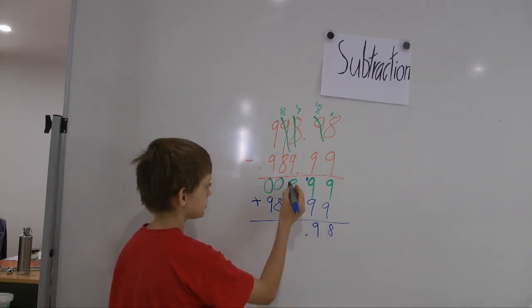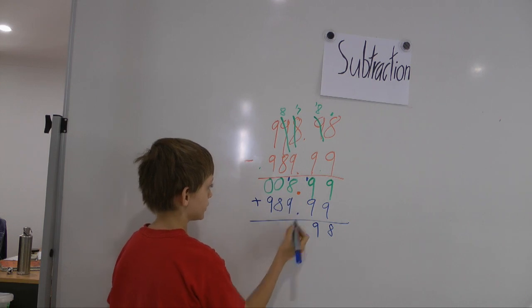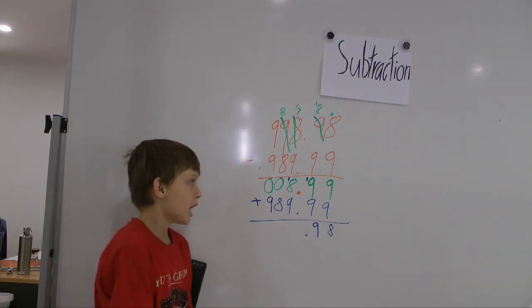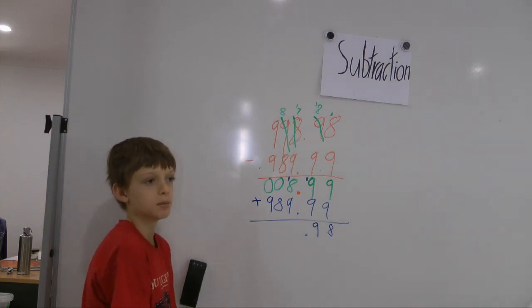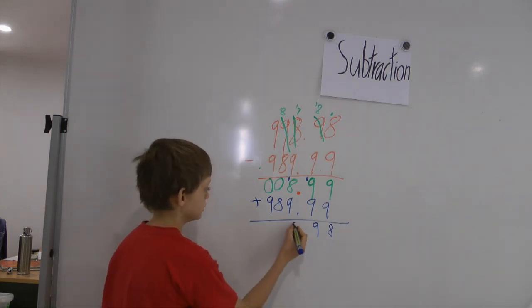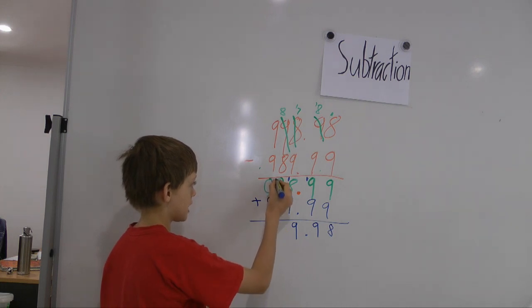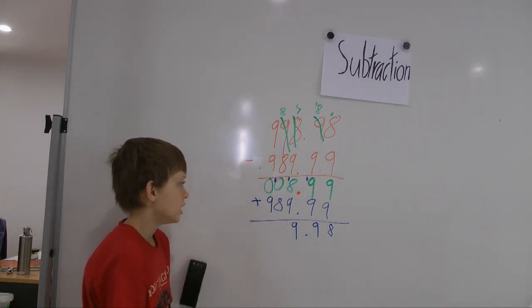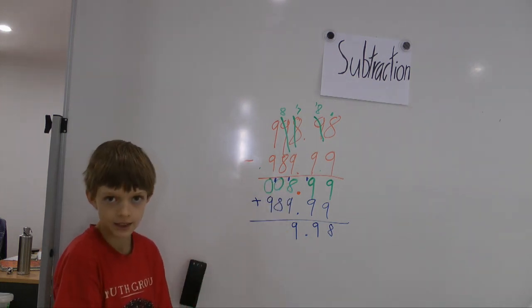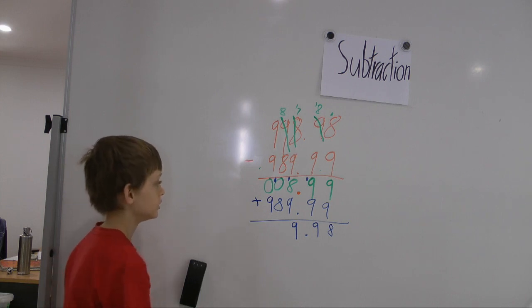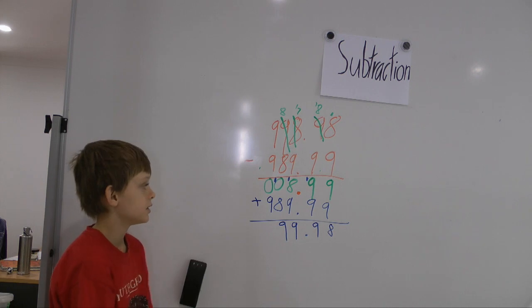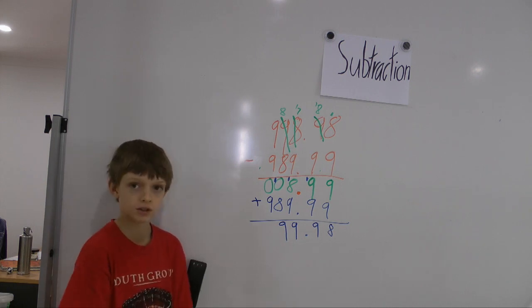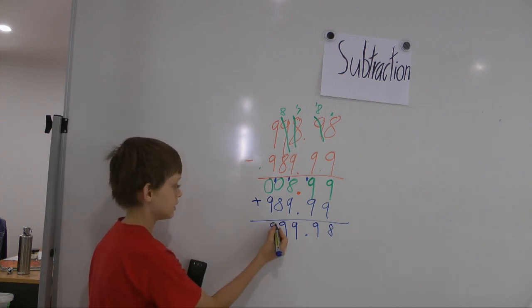You carry the 1 to the next column. 9 plus 1 is 10, so 10 plus 8 is 19. And you carry the next one to this column. 1 plus 8 is 9, so it's just a plain 9 in this column. And you go to the last column, which is 0 plus 9 is 9.